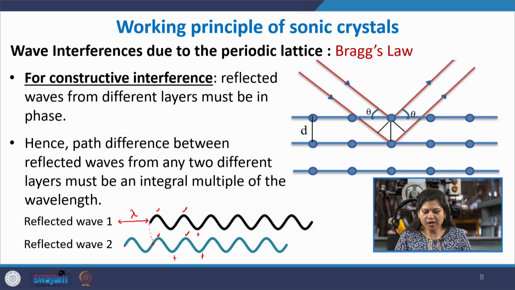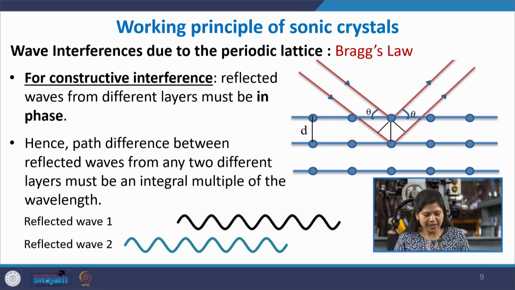In the same way, suppose you have the third layer or some additional path difference. Either the path difference could be lambda. What is the condition for another constructive interference? The wave could be shifted even further like this.